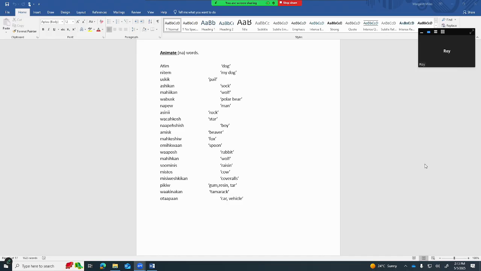Minnequagan. Paquanigamig, tent. Abisquishimun means pillow.